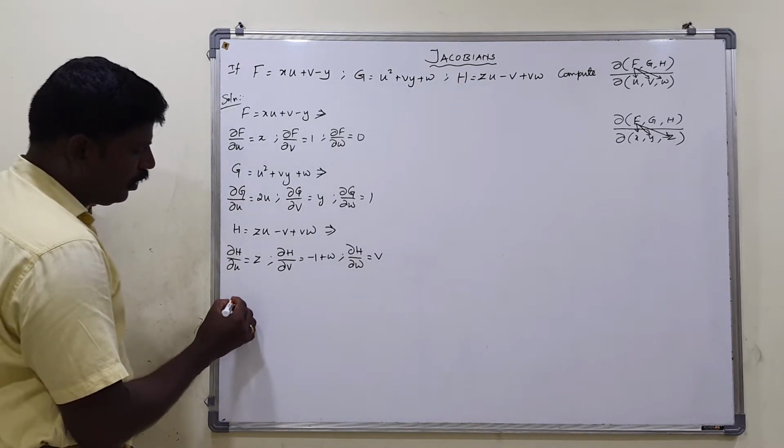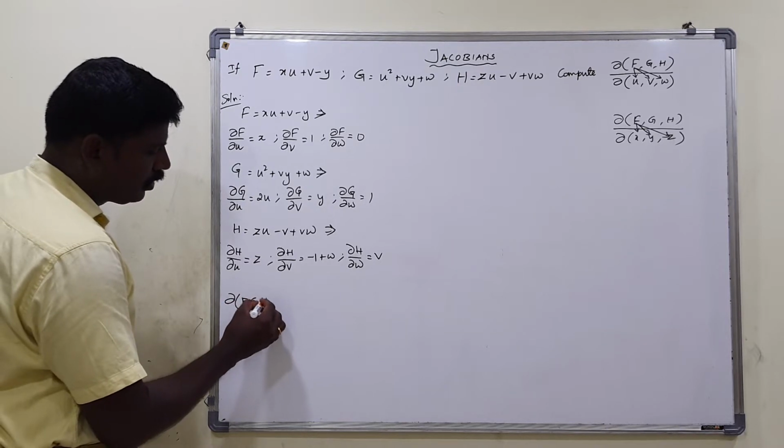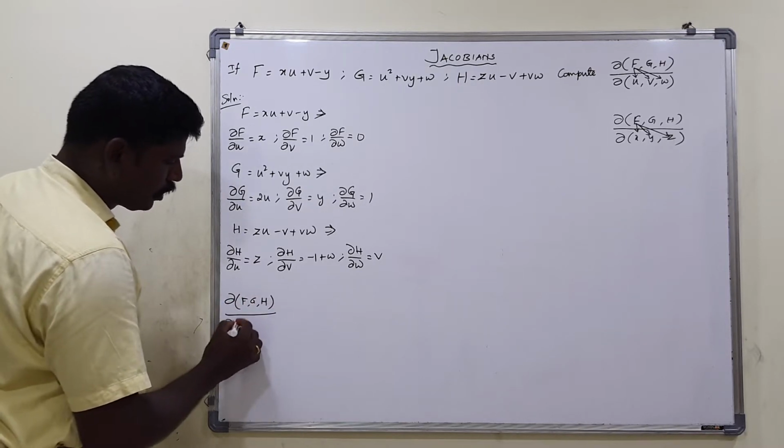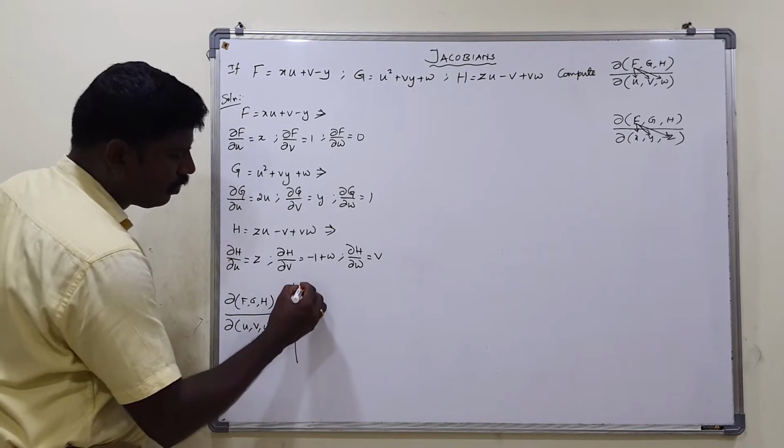So what we need to find out? We need to find F, G, H with respect to U, V, W. What is this determinant value?